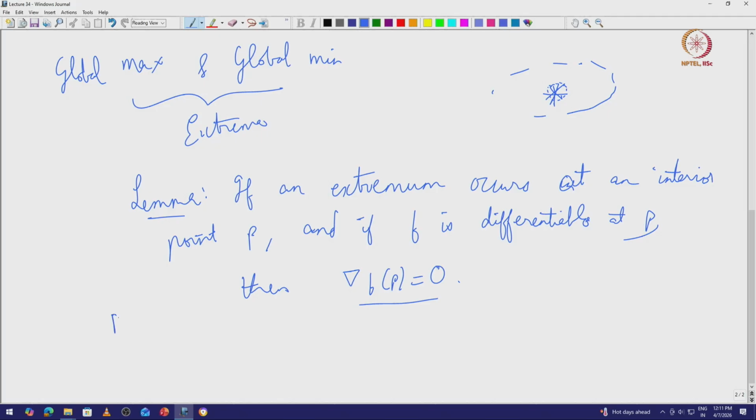So this motivates another definition, that of a local max and a local min. You're supposed to know this definition because it's exactly the same definition as the one variable calculus counterpart. So what is the local max of a function?